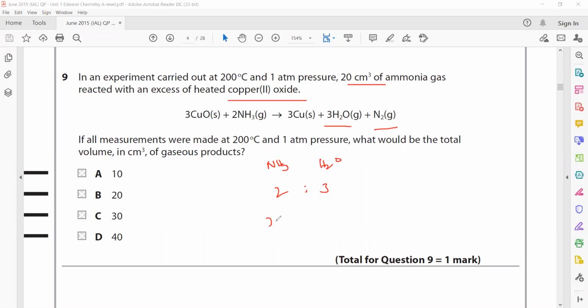So if we have 20 cm cube, this will be X, cross multiply, so we'll get 30 cm cube of water vapor. And the relation between ammonia and nitrogen is 2:1. So if you have 20 cm cube, this will be X, cross multiply, so we'll get 10 cm cube of nitrogen. So 10 cm cube of nitrogen and 30 cm cube of water vapor. So the total gaseous product will be 40 cm cube. So question 9, D is the right answer.